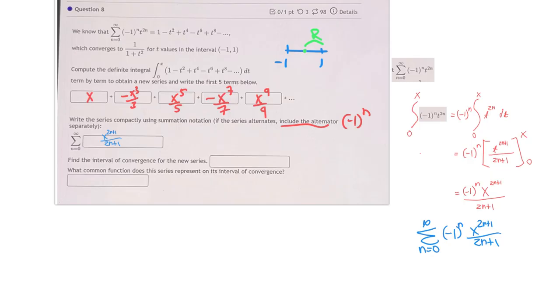After integrating, you need to test these endpoints again. Okay. Because even though the endpoints were not included in the interval of convergence for the original situation, the endpoints might actually be included in the interval of convergence for this integrated version. Okay.